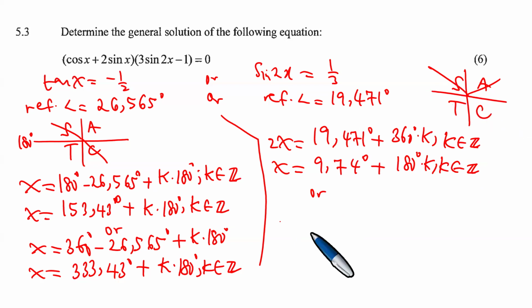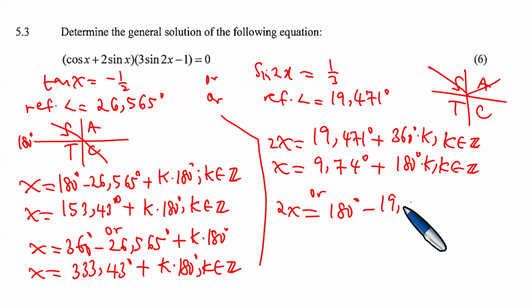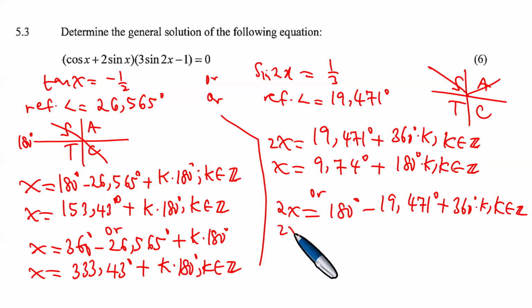But now we continue to find solutions also in the second quadrant. And in the second quadrant, we're going to use 180 degrees minus the reference angle, which is 19.471 degrees, plus 360 degrees times k, where k is an element of z. Right, let's find the difference.